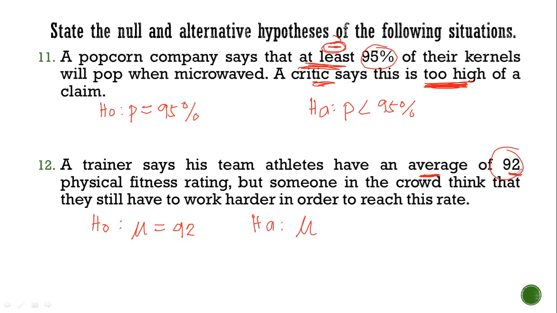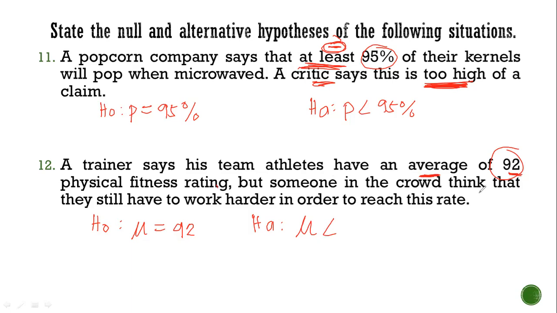Diba? Kailangan mong mag-double work, triple work para makuha yung 92, which is the average na sinasabi nila. Okay? So meaning, there is a certain direction, masyado siyang mataas. So kailangan natin na babaan. Okay? So there is a certain direction, no?